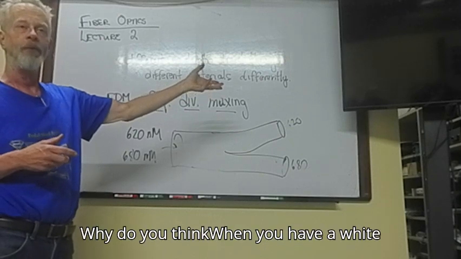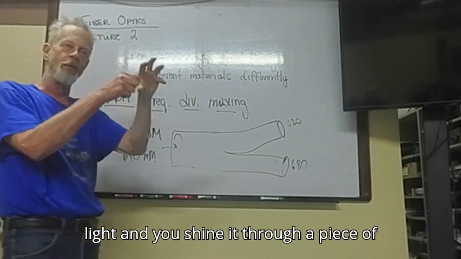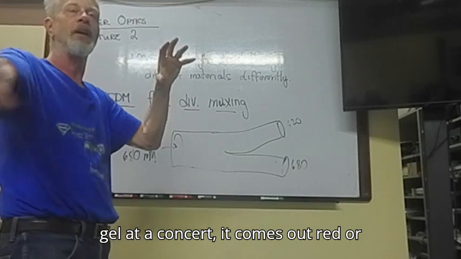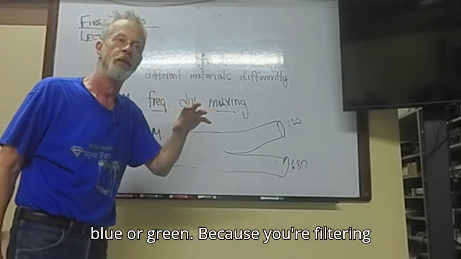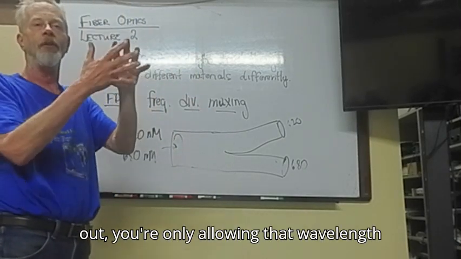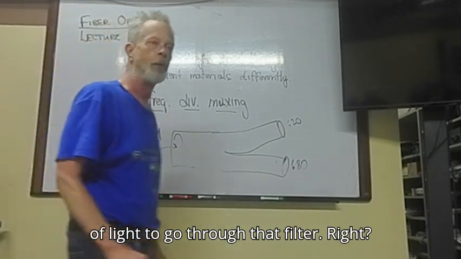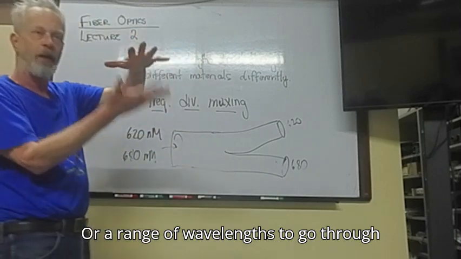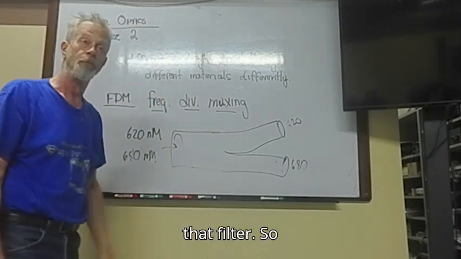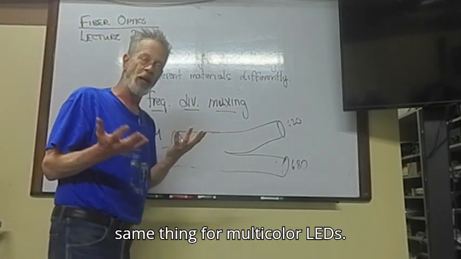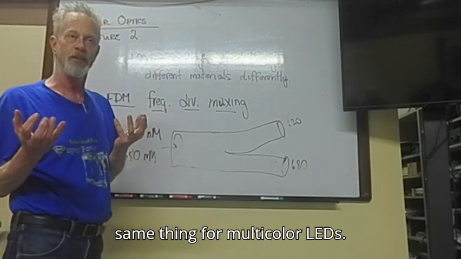Why do you think when you have a white light and you shine it through a piece of gel at a concert, it comes out red or blue or green? Because you're only allowing that wavelength of light to go through that filter. Or a range of wavelengths. So same thing for multicolor LEDs.